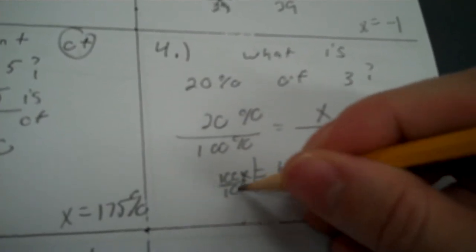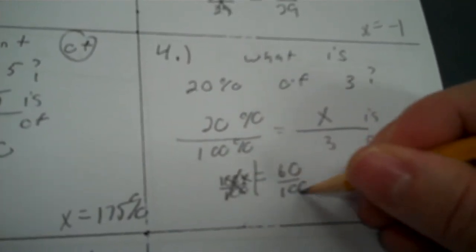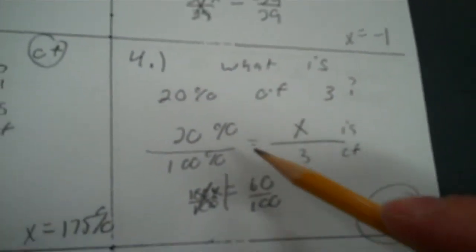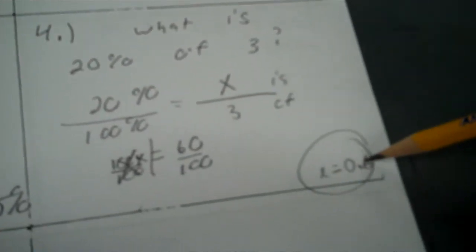And then the opposite of times 100 would be divide by 100. So 60 divided by 100 is 0.6. Now some people will be like, is that right? Well, yeah, it is, because 3 itself is a small number, and if we're taking the 20% out of 3, it's going to be even tinier than 3.